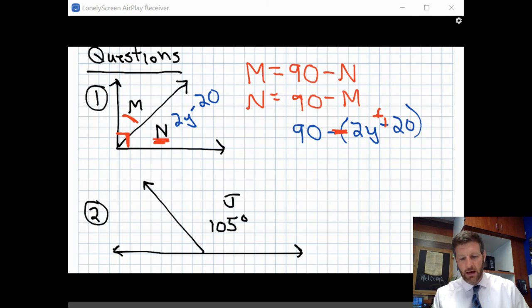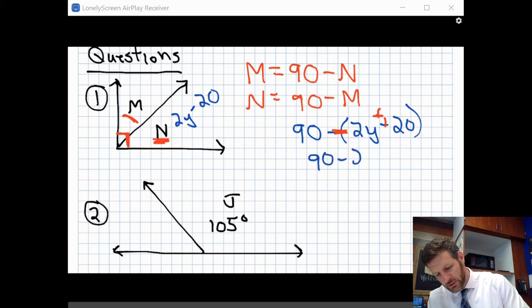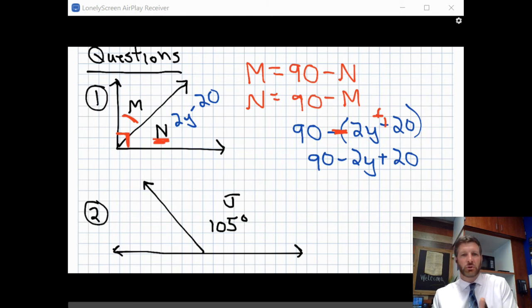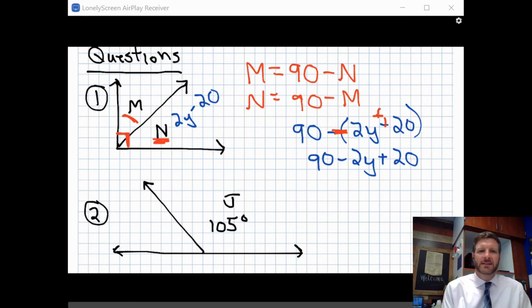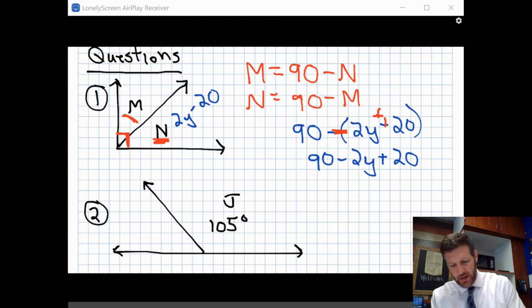If I rewrote this, it would look like 90 minus 2y plus 20, because I'm subtracting the 2y, but then subtracting the 20 that's already negative, so it becomes positive. We call that distributing the negative. So whenever you're subtracting an expression, you want to put it in parentheses and make sure you apply that negative to everything inside that expression.